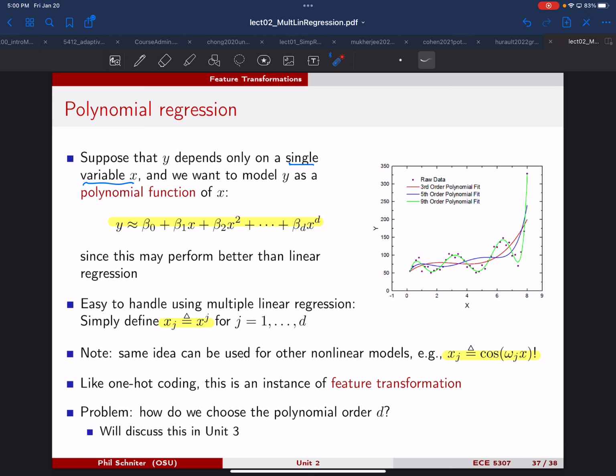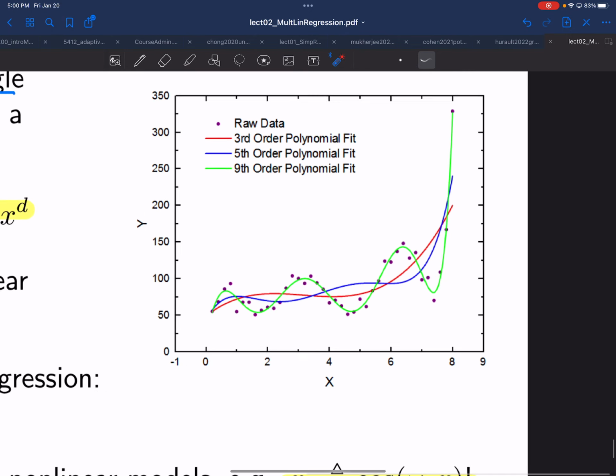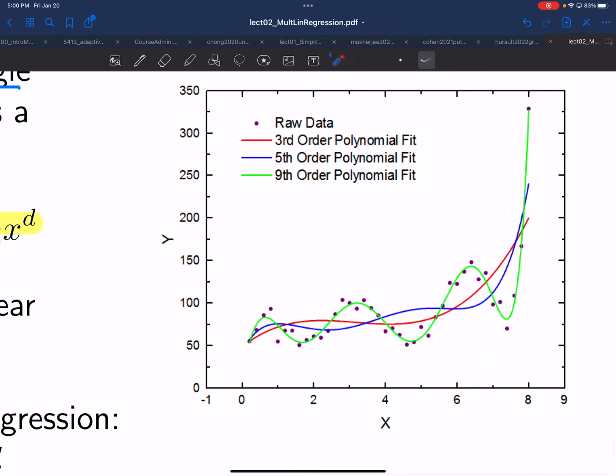I want to do more, so I'm going to consider polynomial models, but how far do you go? Here you can see some raw data. Just visually, it looks like this ninth order polynomial fit is the best, but is it always that higher powers are better? What do you think?